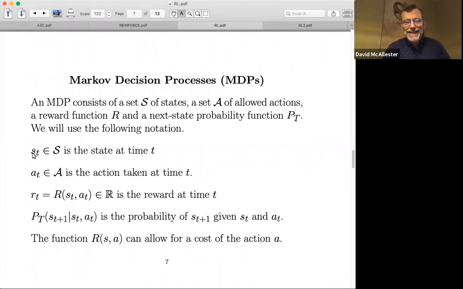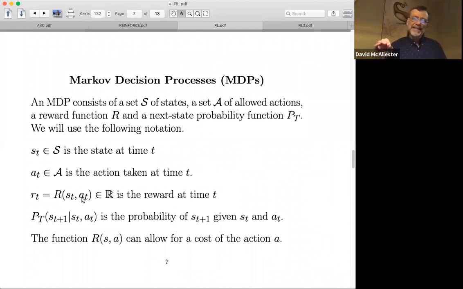So I'm going to introduce the following notation. I'm going to write S_t for the state that I'm in at time t, and I'm going to write A_t for the action that I take at time t. And then I'm going to assume that there's a reward. This is the thing that I'm trying to maximize, my utility. I really should call this a utility. The reward function is going to be a function of both the state and the action.